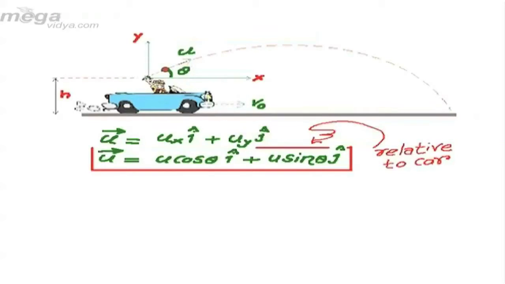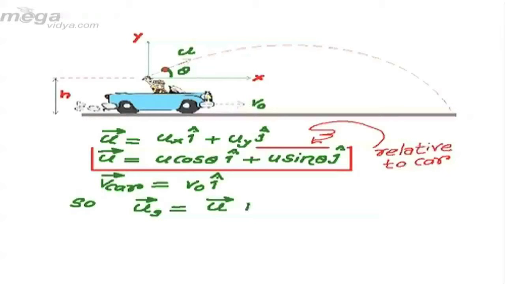Remember, this u is relative to the car. Now, as we know, the velocity of the car is v naught i cap. So, the velocity of the projectile with respect to the ground can be taken as the velocity of the projectile with respect to the car plus the velocity of the car with respect to the ground.